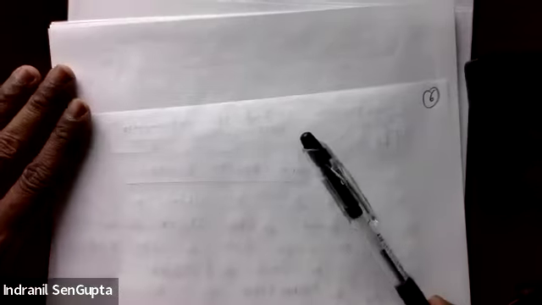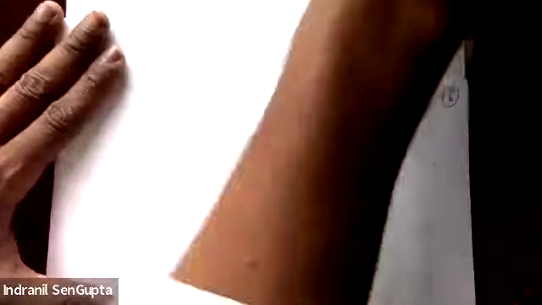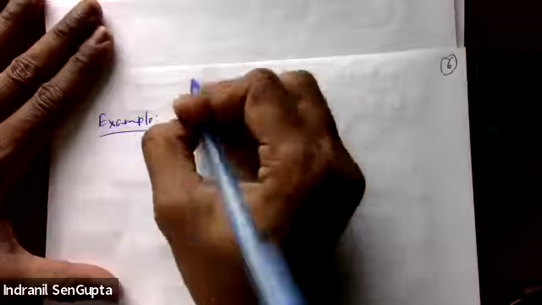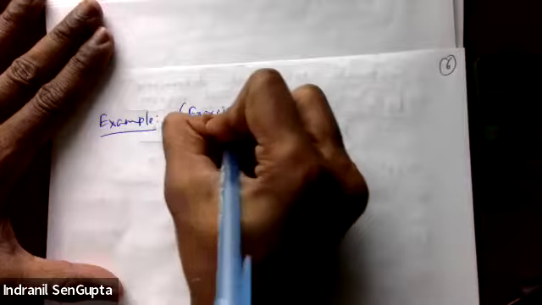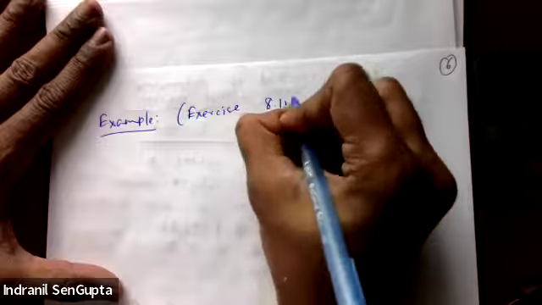Okay, so let's see if we can understand this. Let's see how this ratio actually makes sense. Let's do the first example, from exercise 8.1.1.